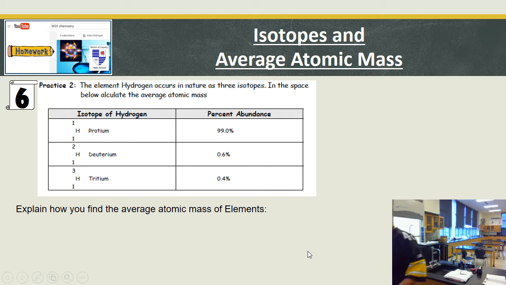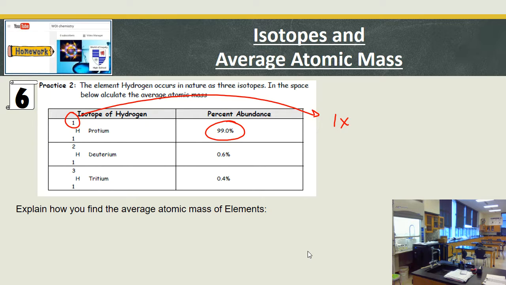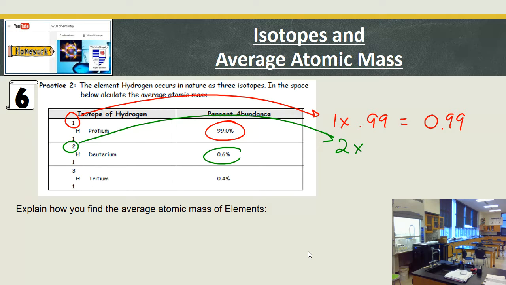So again, the mass of protium, the first hydrogen, is 1, so I'm going to bring that over. That's going to be 1 times 99% in decimal form, which is 0.99. 1 times 0.99 is 0.99. Then I have a mass of 2, that's going to come on over. 2 times 0.006.